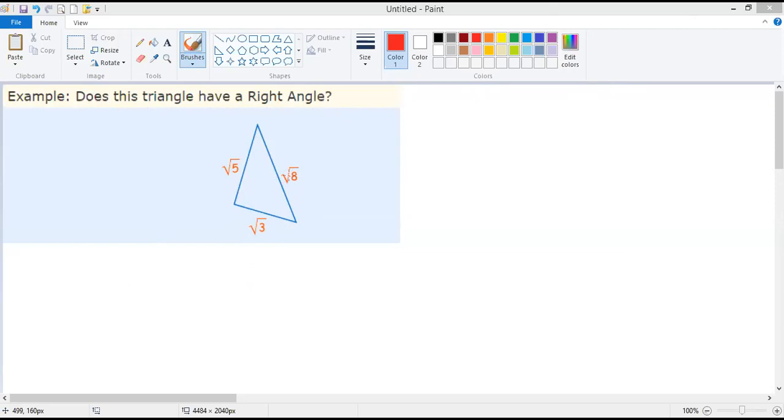Okay, since it is a square root, the biggest number inside the square root means the longest length. So your square root 8 here will be your c. So your c square equals a square plus b square.